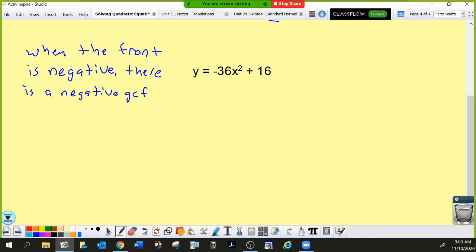Even if that negative GCF is just -1. Anytime you see the front be a negative number, I want you to say there is a negative GCF. Even if that negative GCF has to be -1. That's fine. Trust me, it's going to make your life easy. So we're going to say that this GCF is -4.